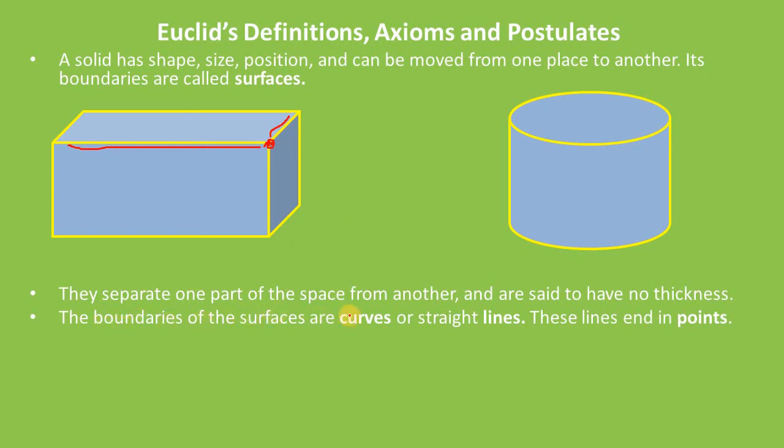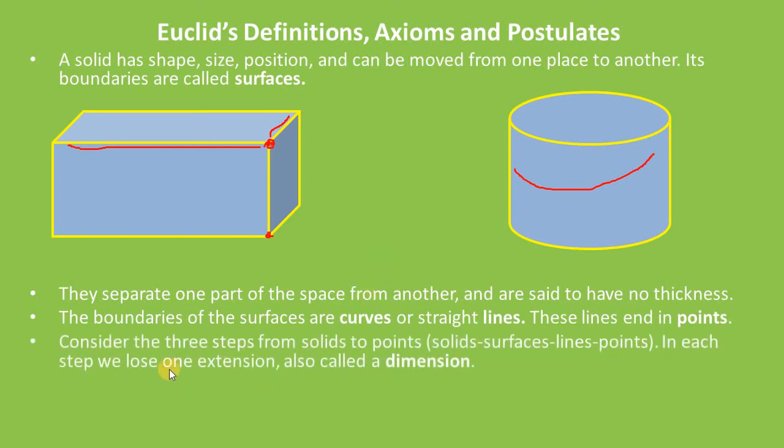Here the boundaries of the surfaces are curved, so this is a curved surface. These lines end in a point, so this is the point.